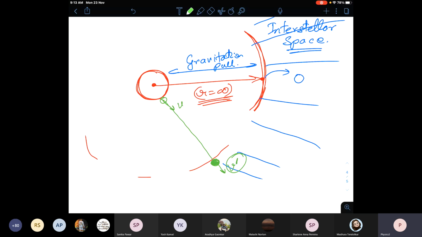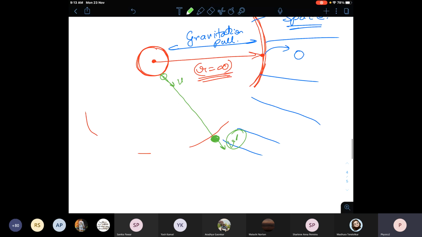Now what will happen, just try to imagine there is no gravitational pull, no force acting on the mass in interstellar space. So the particle will keep on moving with the same constant velocity. V dash will now become constant.